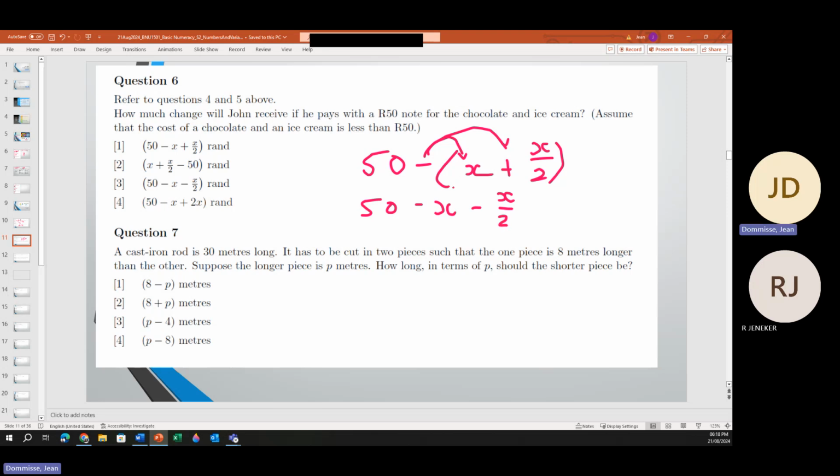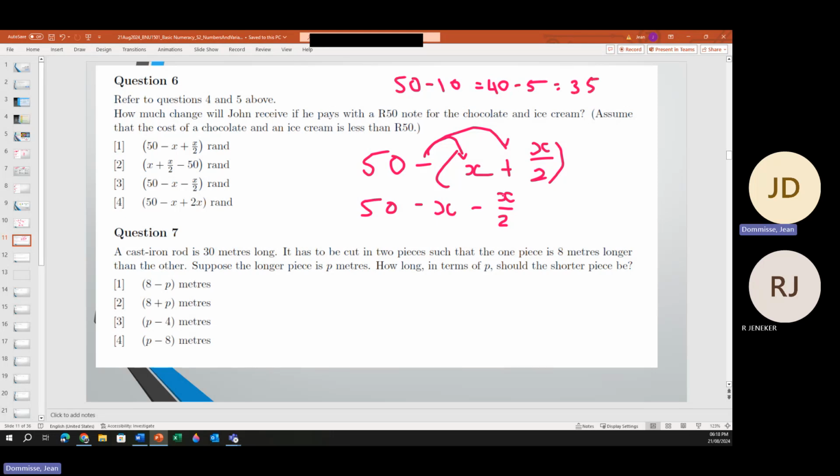And again, let's just use the 10 and the 5 rand. If John had 50 rand, he bought ice cream, it will be minus 10 rand, so he would have 40 rand left. If he bought a chocolate of 5 rand, you will have 35 rand left.